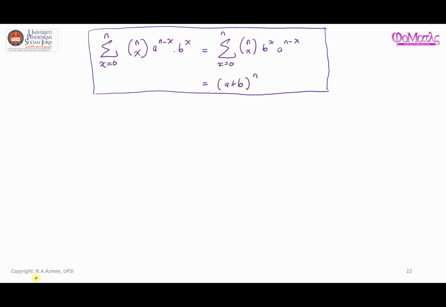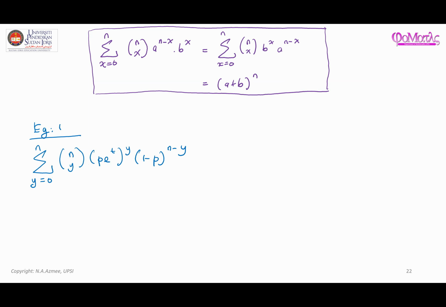For example, I'll give you example 1. Let's say you come across this expression: the sum over y equals 0 to n of C(n,y), p to the power y, (1 minus p) to the power n minus y.